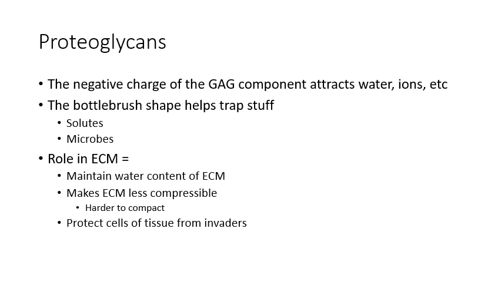Then the physical shape of the proteoglycan with the bottle brush type shape helps to trap stuff. So it could trap large molecules in the tissue, but also microbes. And it's not going to exactly trap them and hold them firmly in place, but it can deter their movement through the tissue.